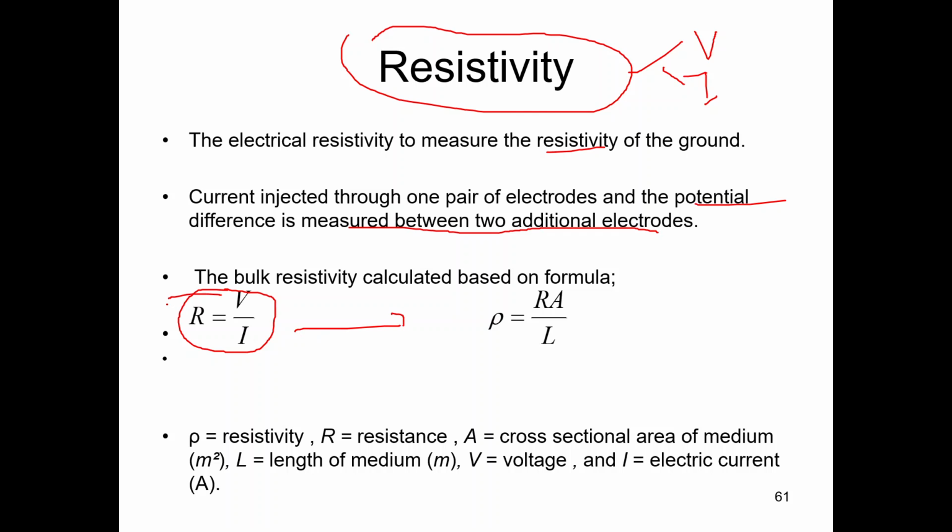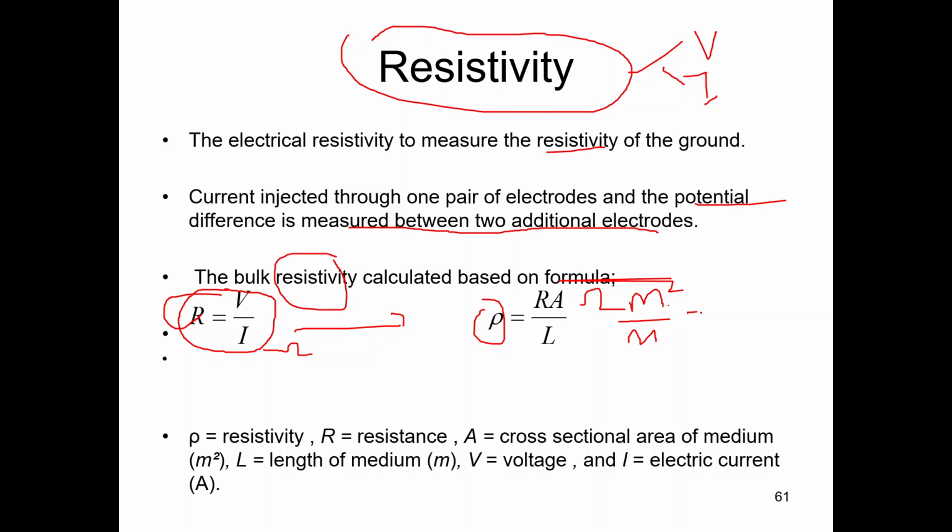So this is resistance: R, resistance, is voltage divided by I, where I is the current. The unit is ohm. But here is resistance; resistivity is equal to resistance times area divided by length, meaning ohm meter squared divided by meter.